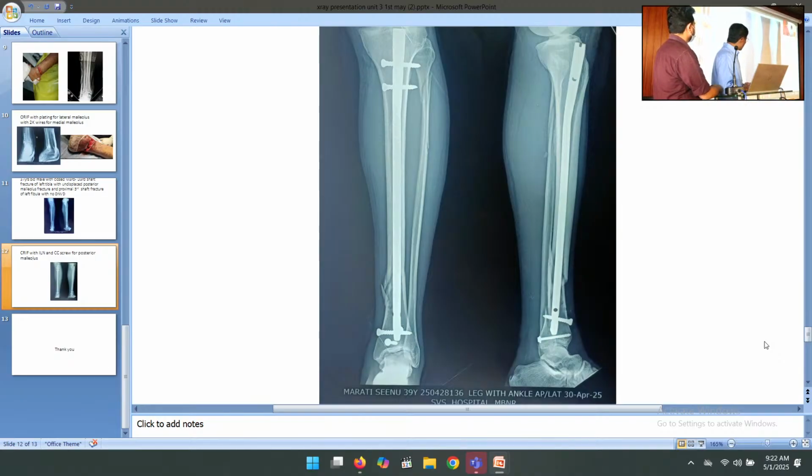The nail is superimposed here. There is no fracture line communication as such. It must be there from the distal third. See here. There appears to be a lucent line. Okay, whatever it is. Now it got displaced. Yes, sir.